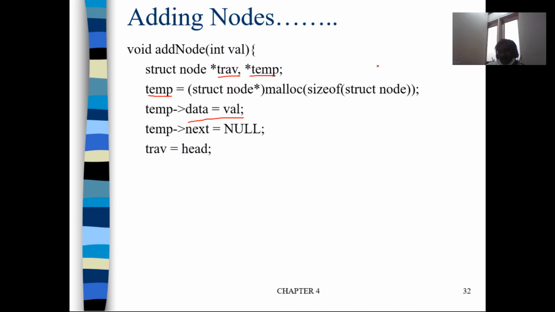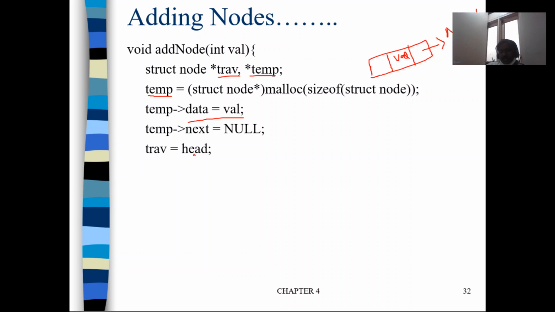So this statement has successfully created a node with the two pointers, next and previous. The statement temp->data = val puts the val in the data part. Then temp->next = NULL makes its next NULL. Then traverse = head.